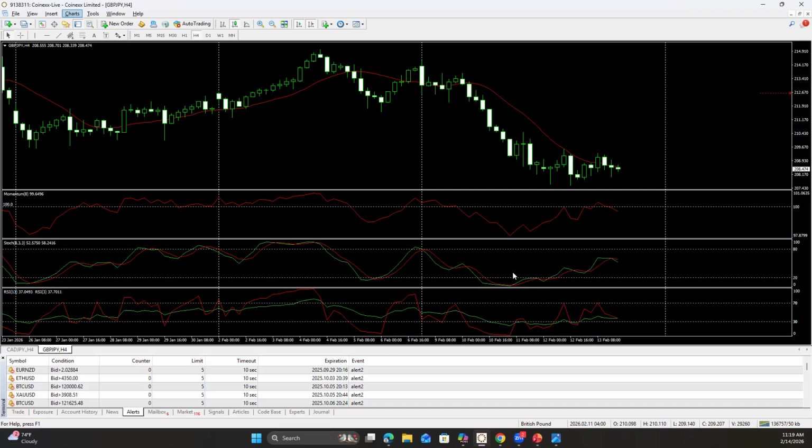What is the most important thing that we have to remember when we're looking at these indicators? Most important, very important. Price is always king. Price is always king. Y'all feel me on that?